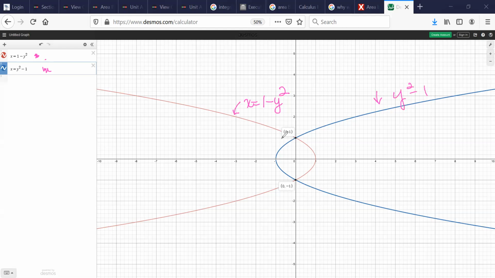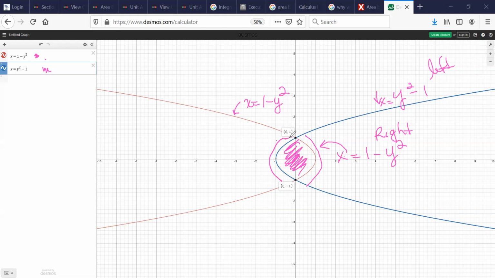So at this point, the blue one, y squared minus 1, is on the left, and x equals 1 minus y squared is on the right, because that's where we're talking about this region.